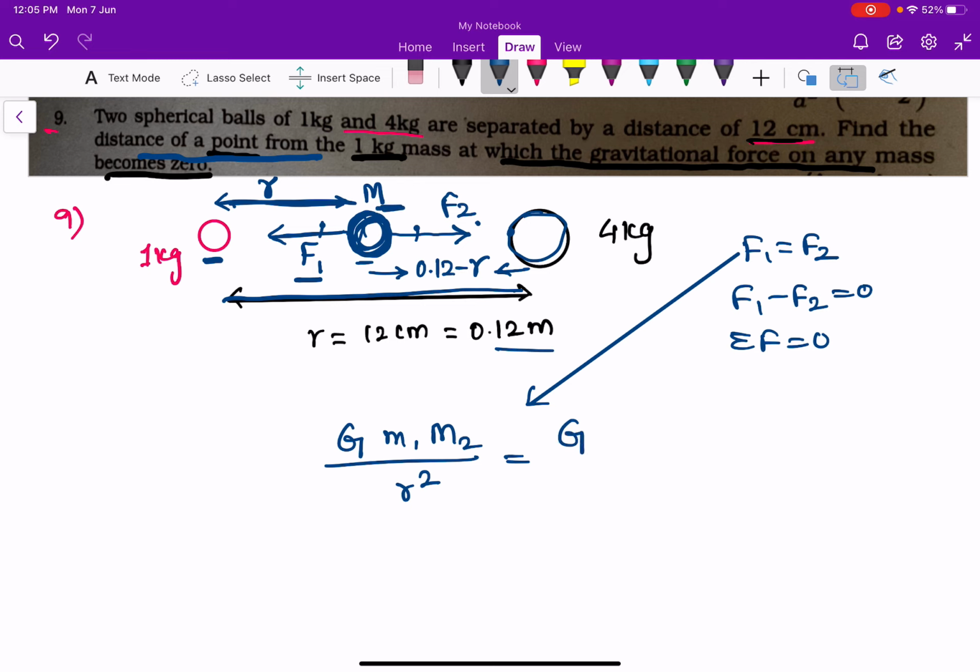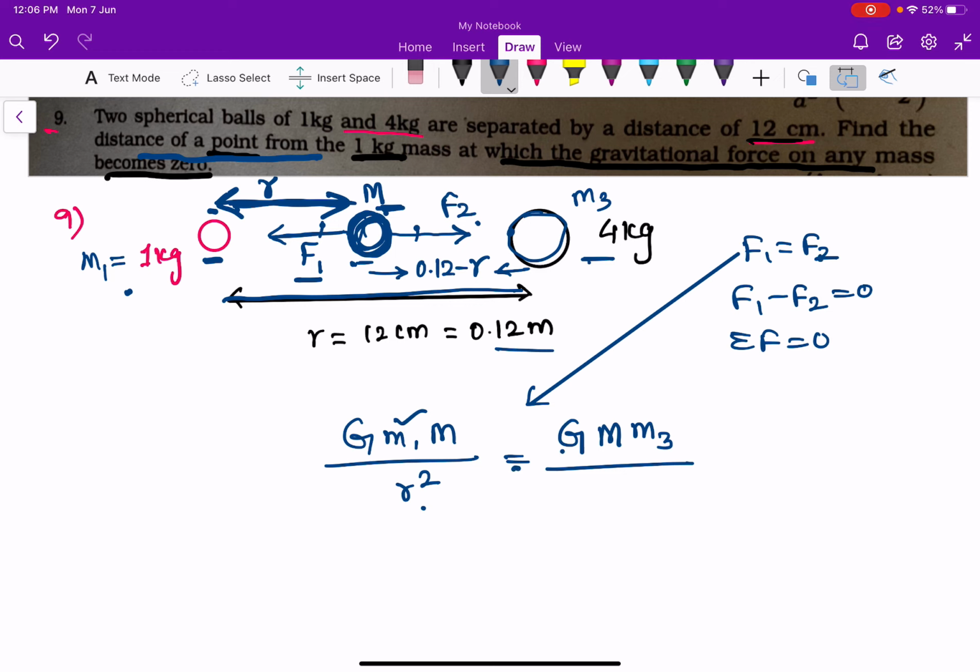Let us consider this mass is capital M and this mass is M3. So G M M3 divided by, here M2 is simply capital M. So F1 is G M1 capital M by the distance between them, R square, which is equal to F2.